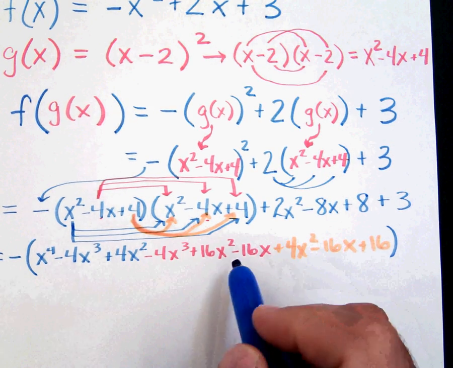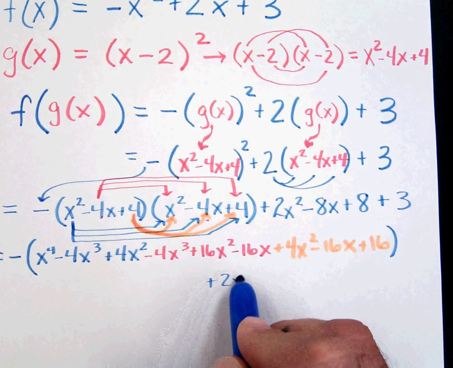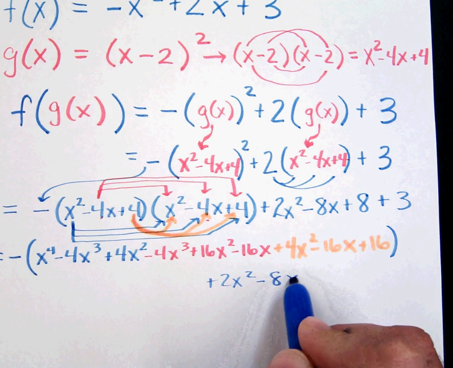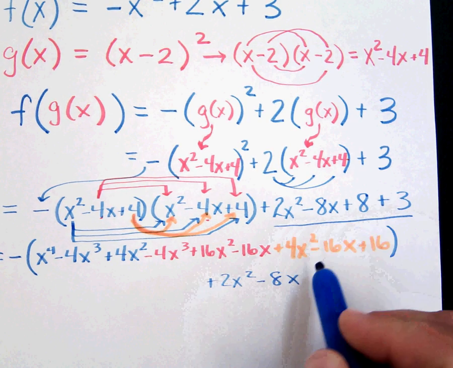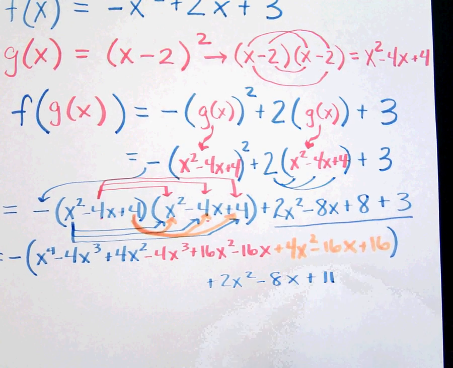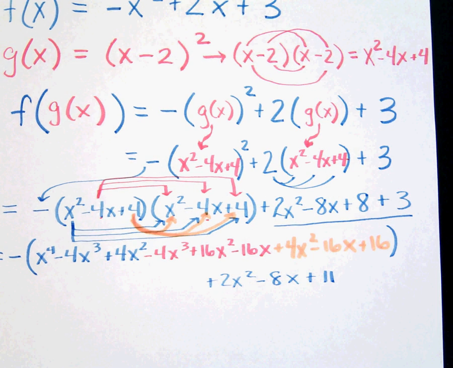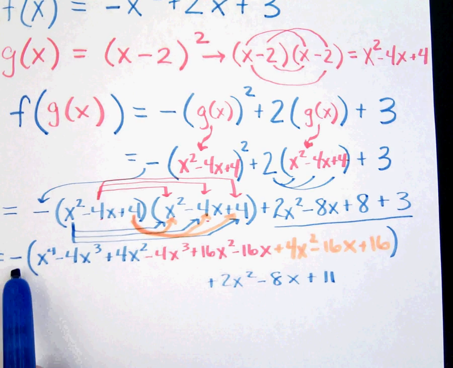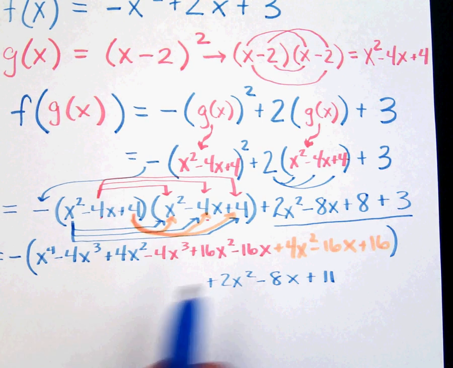We still have the plus 2x squared, the minus 8x, and plus 11. That just comes from me combining 8 and 3. Finally, we need to distribute this negative sign through to every term inside that parentheses.